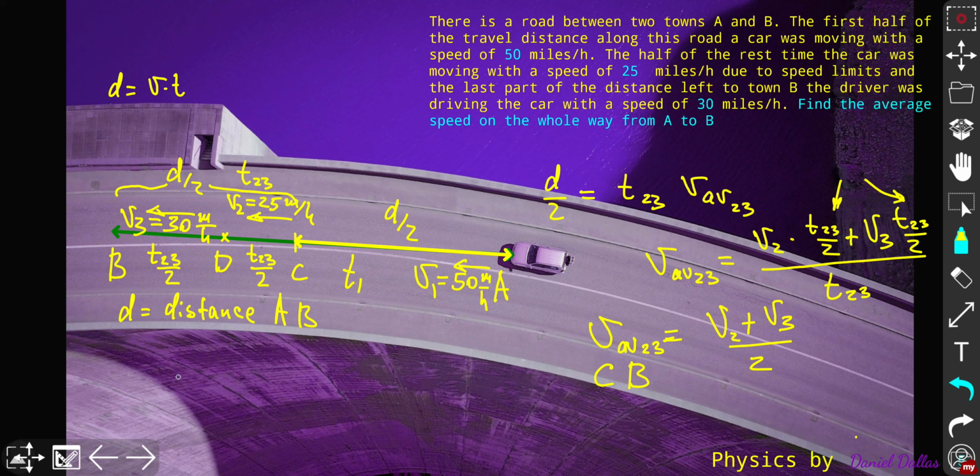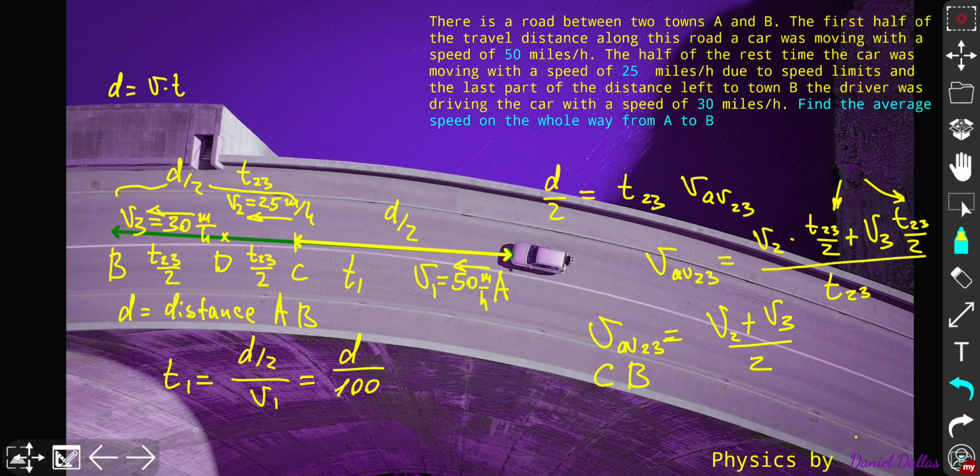So for example, we can establish that for the first distance, the time required T1 is distance over the speed, so that means it's d/2 divided by V1, which is simply d/2 times 50. In this case, it's d/100.